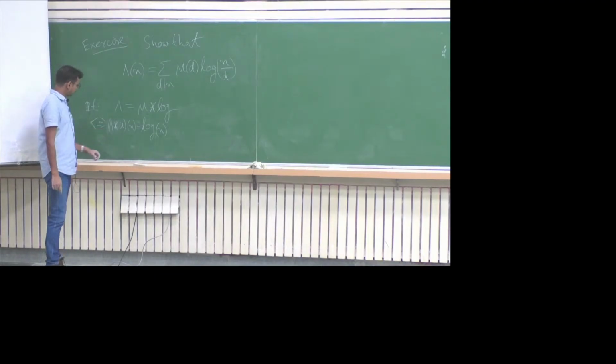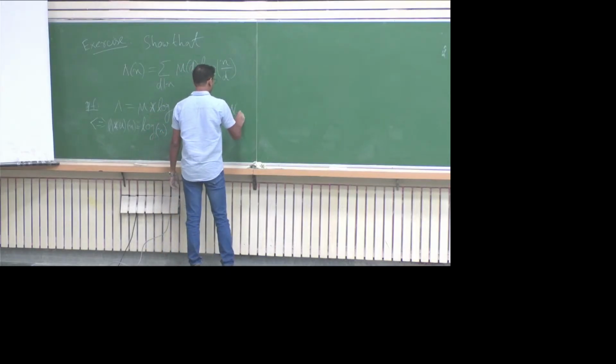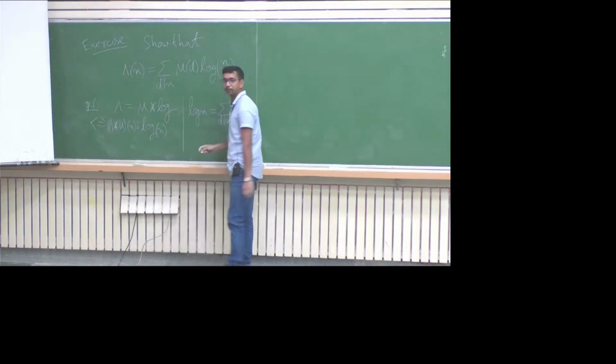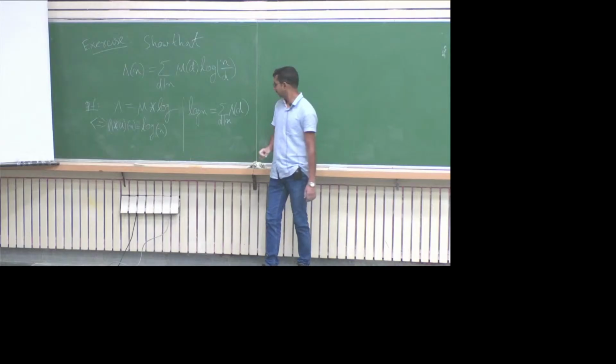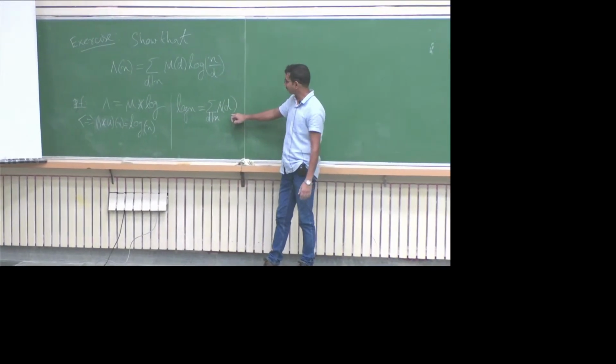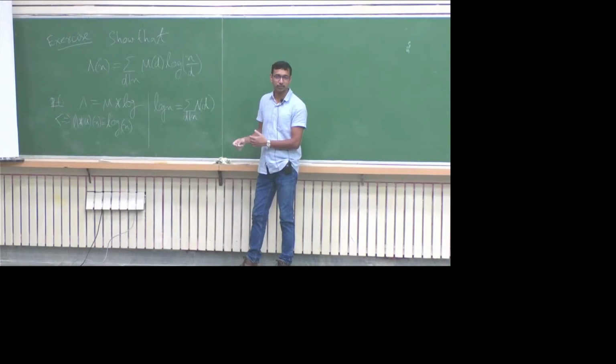So that implies you have to show that log n is equal to the summation of lambda d, d dividing n. Right? Now, what does it mean? Summation lambda d, d dividing n. That is, we are summing over the prime powers which are dividing n. Right?